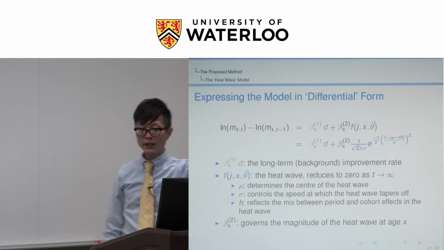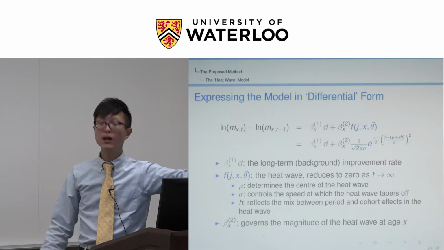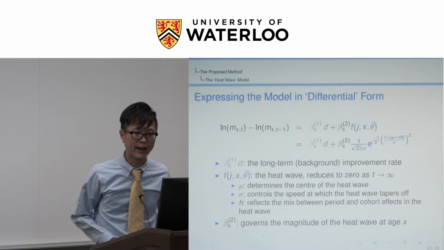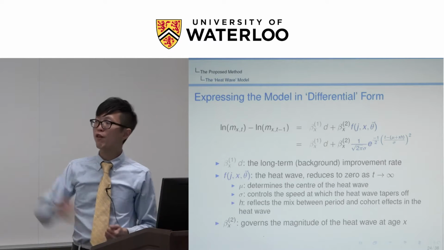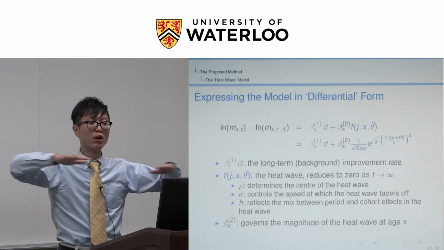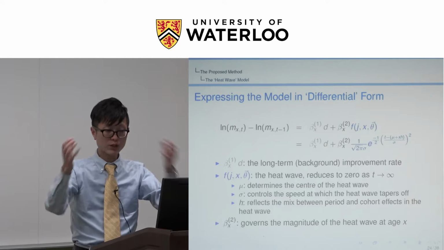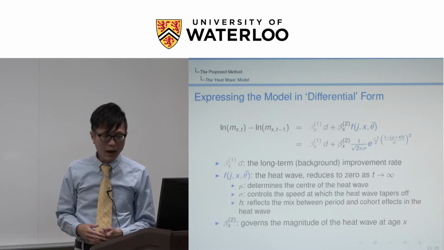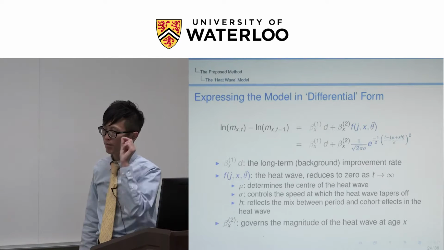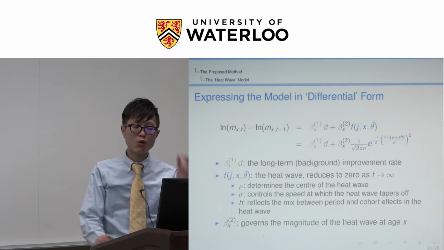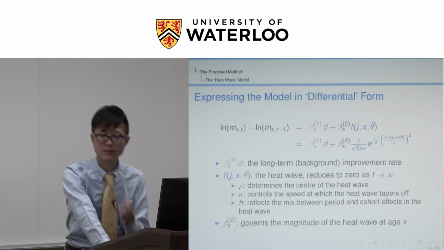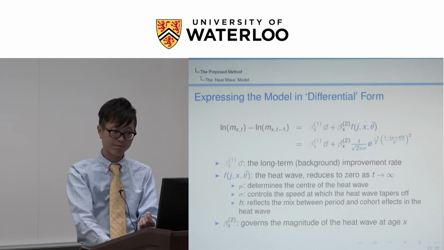First term, beta 1x times t, again represents the long term, i.e. the background improvement rate. Second term, with the function f, which reduces to 0 as t approaches infinity, captures the heat wave. With the differential form, we can easily see that parameter mu in the function f determines the center of the heat wave.